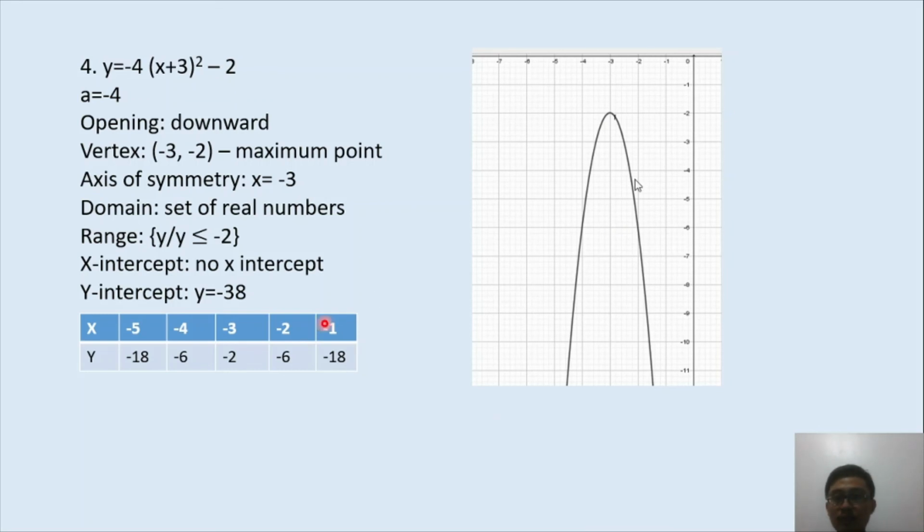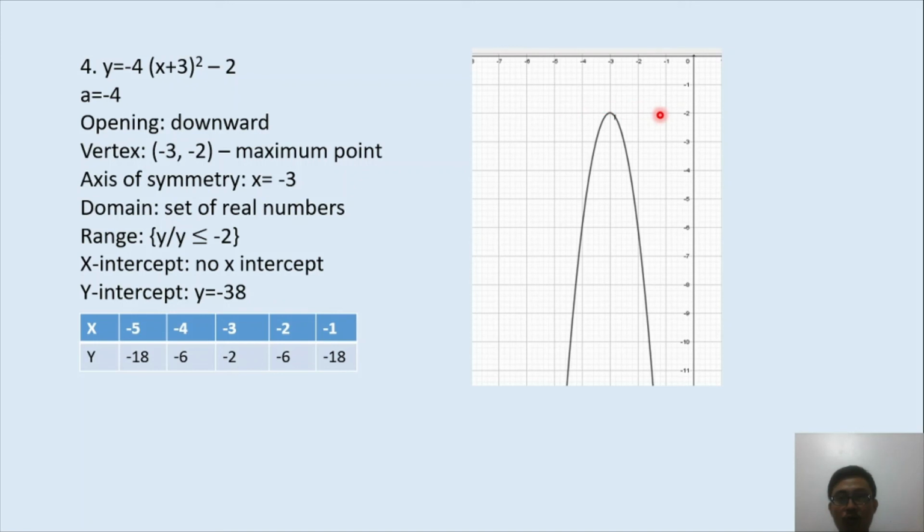So, you will notice naman sa graph, nasa third quadrant siya dahil lahat naman ng values ay negative. So, we start with the vertex, negative 3, negative 2. So, ito yun. So, downward, ito yung axis of symmetry, which is negative 3. Ang range ay less than or equal to negative 2. Ito yun.